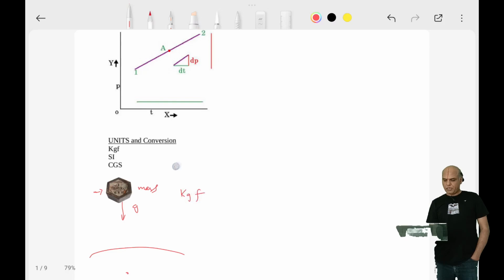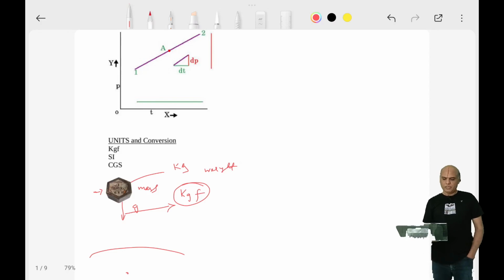When they say kg, they are referring only to the mass. But when they call it 1 kg weight or 1 kg force, they are referring to the force with which this mass is pulled towards the Earth.